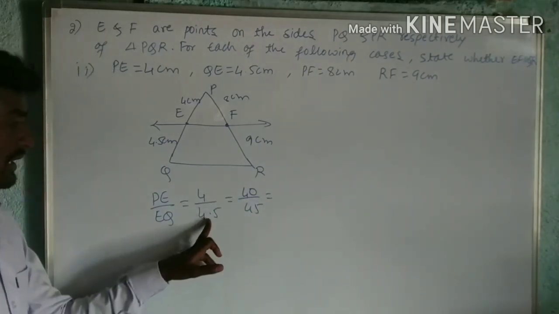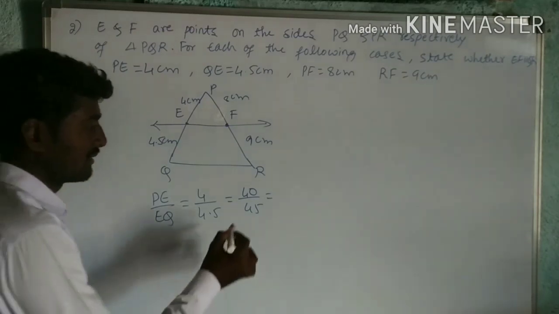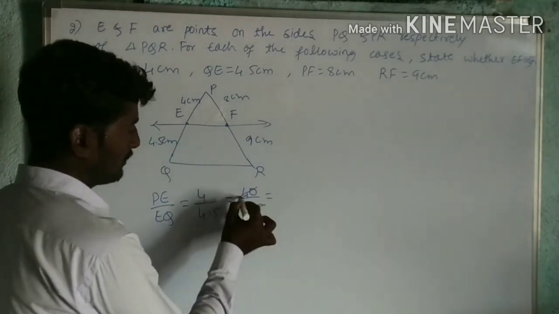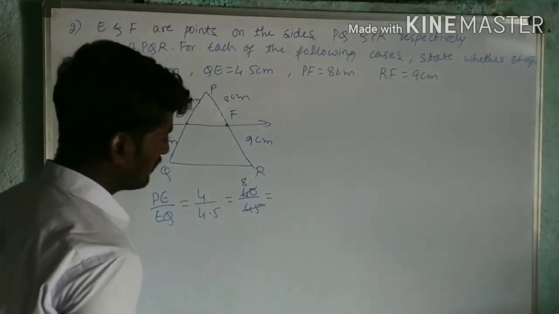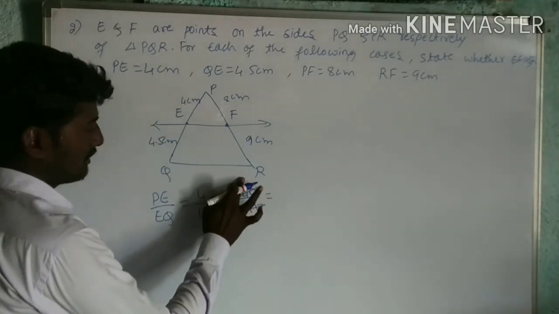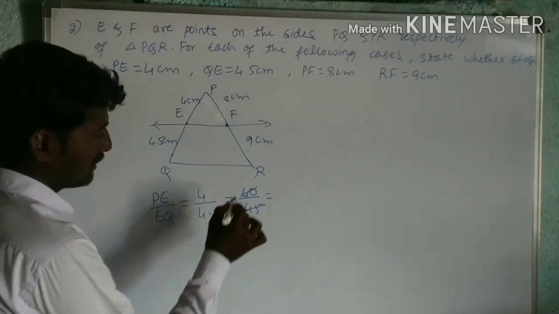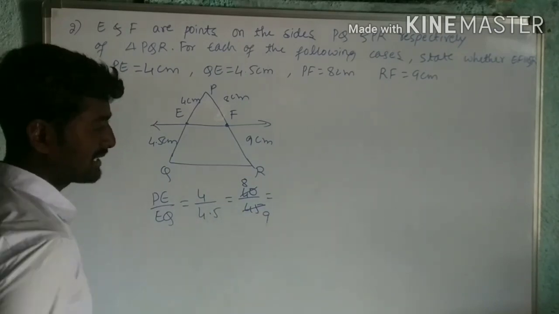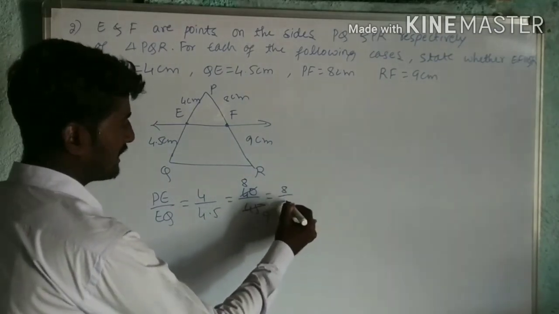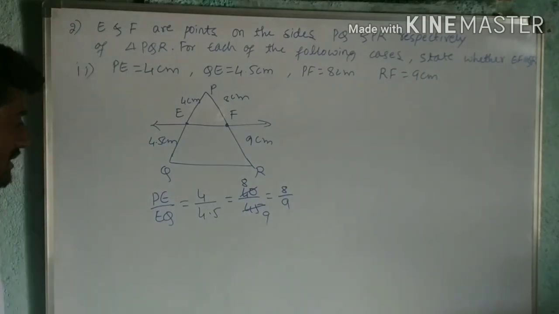Dividing both by 5, we get 8 divided by 9. Keep this as it is.